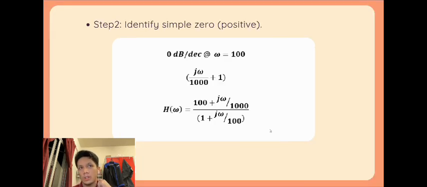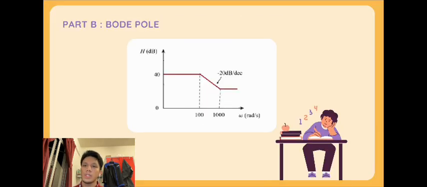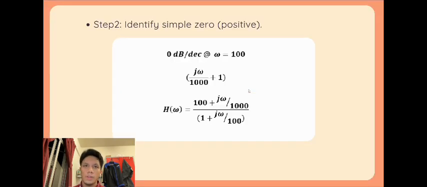Next is step 3, which is to identify the simple zero, positive, which is the flat line over here from 1000 to continuous radian per second. First, our value is 0 dB per decade and omega 100.